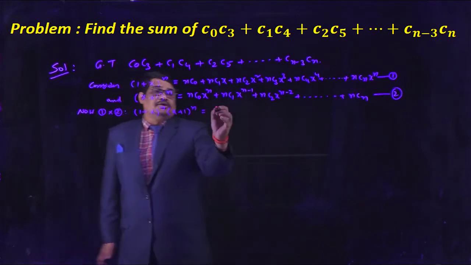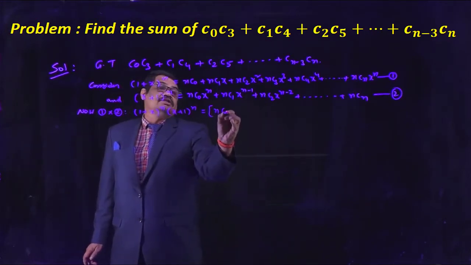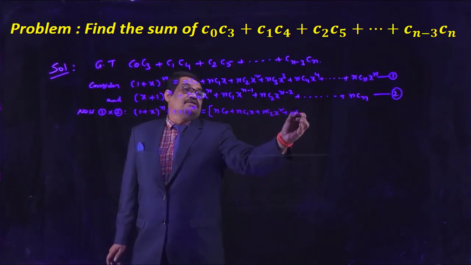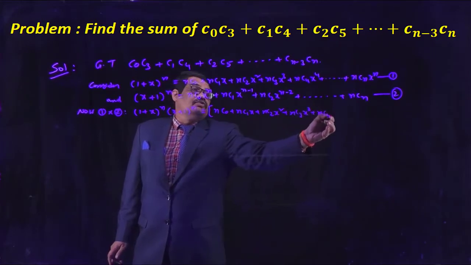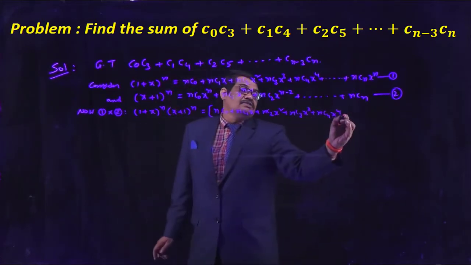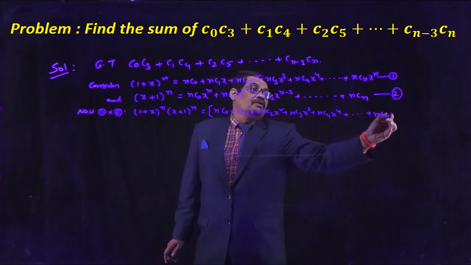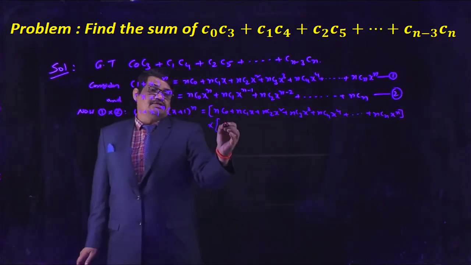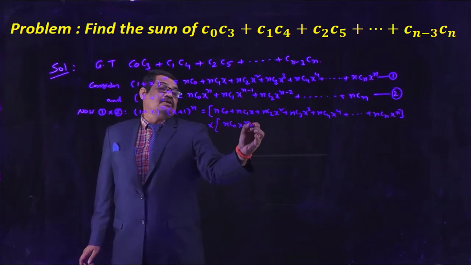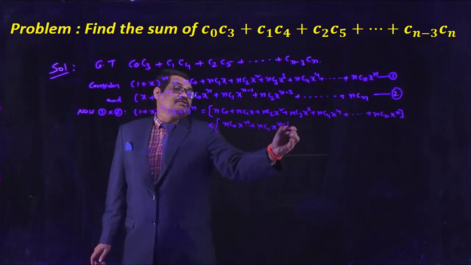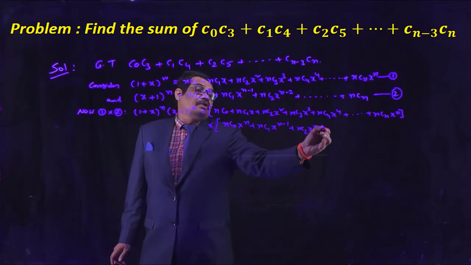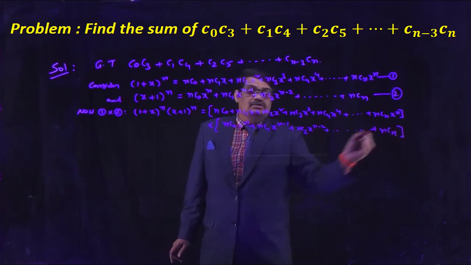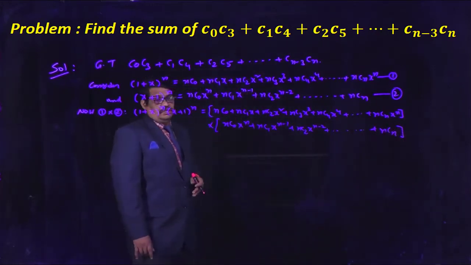Now we write the product of these terms: nC0, nC1 x, nC2 x square, nC3 x cube, nC4 x to the power of 4 and so on, nCn x to the power of n, into the second expansion: nC0 x power n, nC1 x power n minus 1, nC2 x power n minus 2 and so on, nCn.